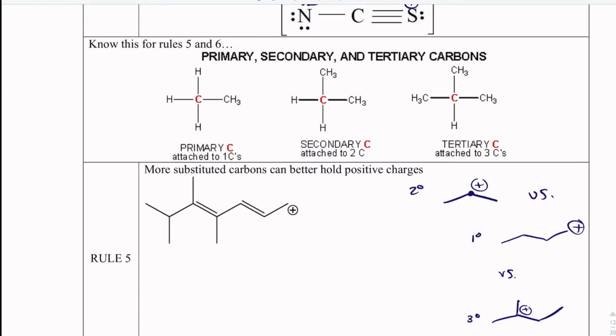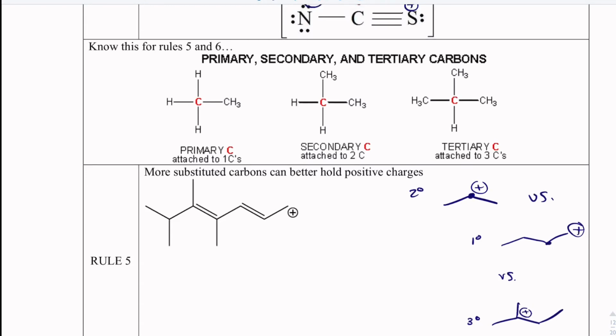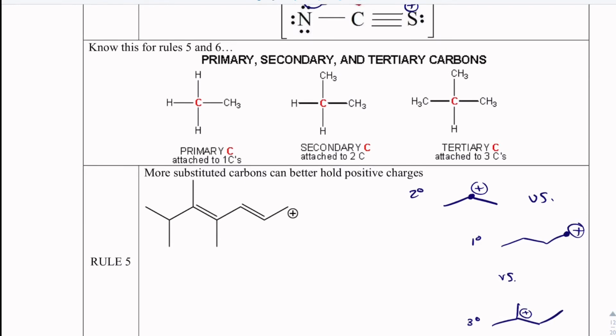Why? The carbon holding the positive charge, I've marked with a little dot, and those could be positive or negative charges. It doesn't matter as far as primary, secondary, or tertiary. Ask yourself, how many other carbons is that carbon attached to? Okay, this guy is attached to 1, 2 carbons. This guy's only attached to 1, and this one's attached to 3. And so that's where the naming system comes from.